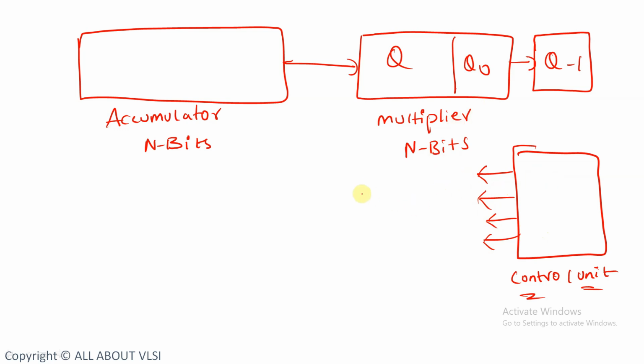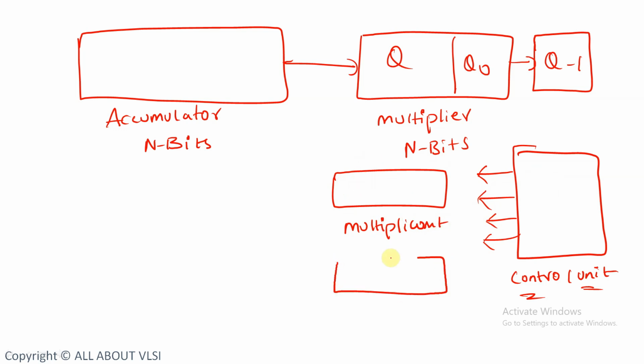And we will have a multiplicand unit. So this is the original multiplicand, and this is the two's complement form of multiplicand. So these two will be given to a multiplexer.